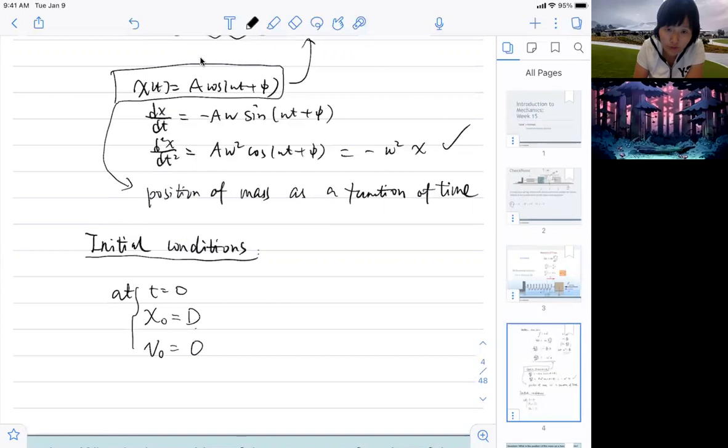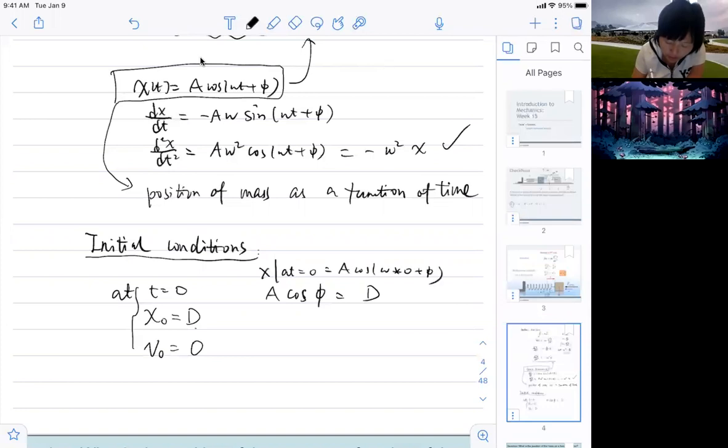Using these conditions, you can find out what the constants are. So let's plug in t equals 0. Okay, so we get a cosine phi is equal to d, right? Because x at t equals 0 is a cosine of omega times 0 plus phi, which is a cosine phi, and that equals d.